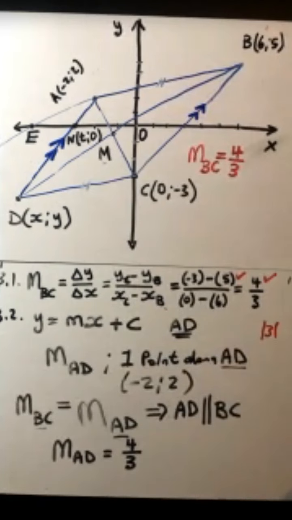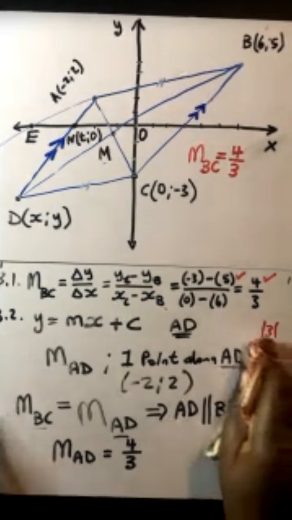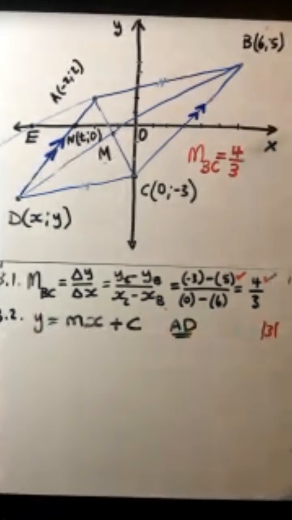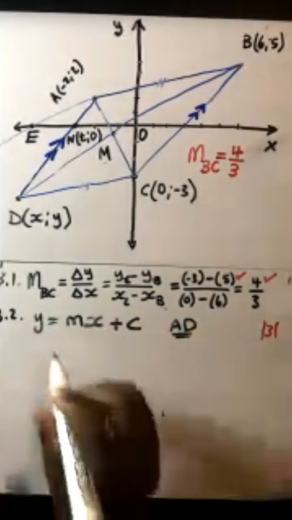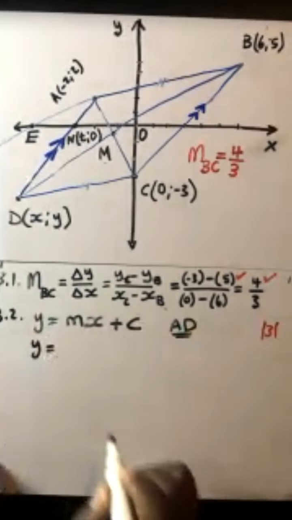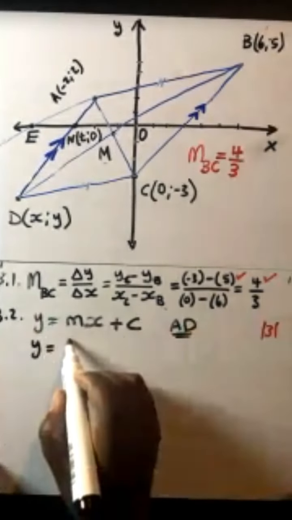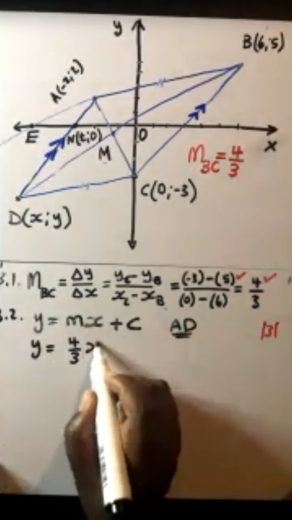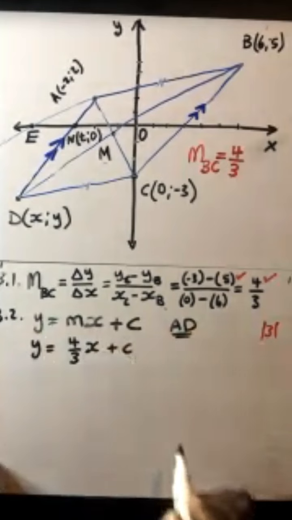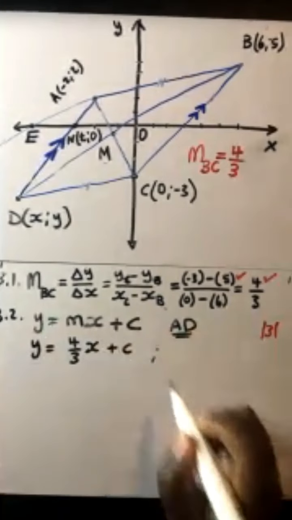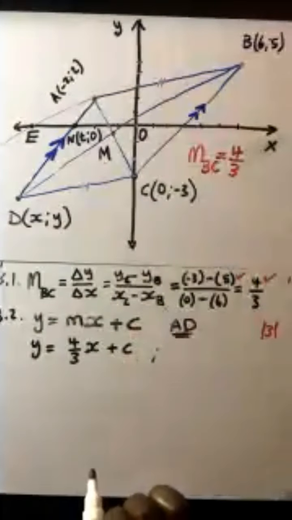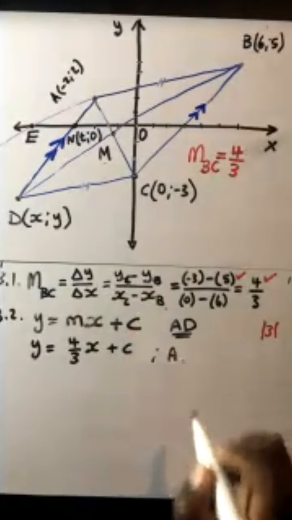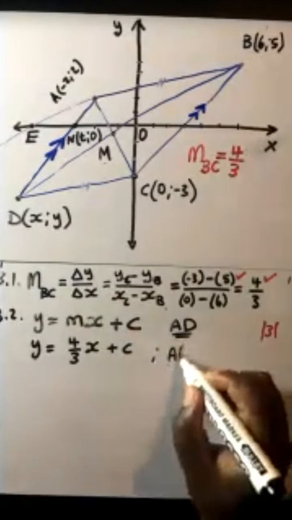Okay, great. So now I'm going to remove all of this information. So guys, let's now use that information. Obviously, y is equal to, our gradient is 4 over 3 x plus c, and we said we are going to use that one point along AD, which is point A. Why A?